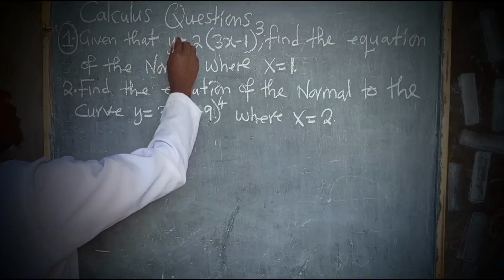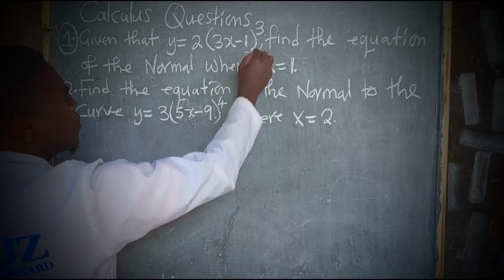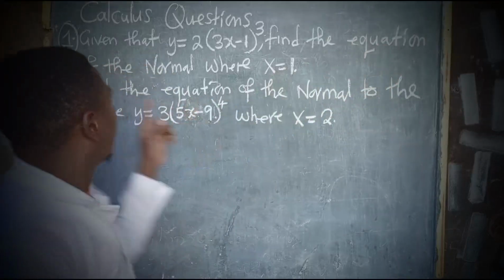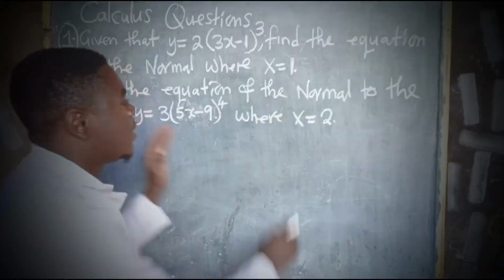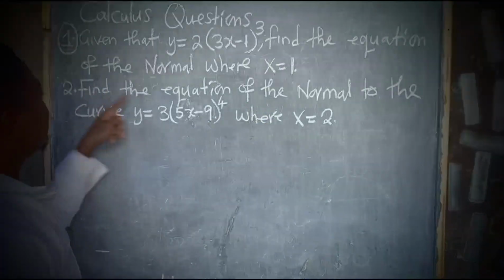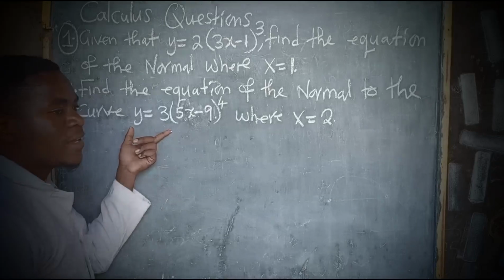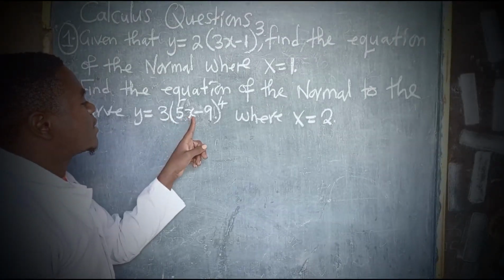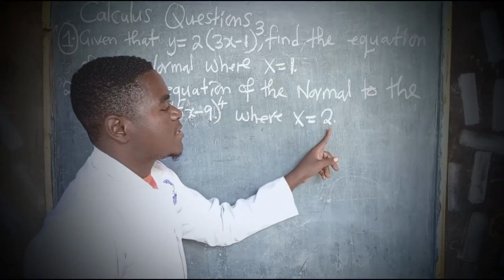Given that y is equal to 2(3x minus 1)^3, find the equation of the normal where x is 1. Your question: find the equation of the normal to the curve y is equal to 3(5x minus 9)^4, where x is 2.